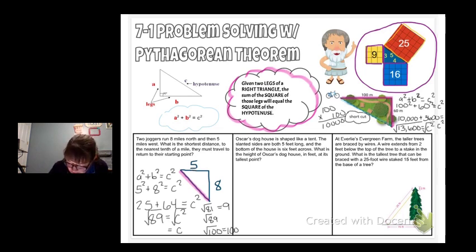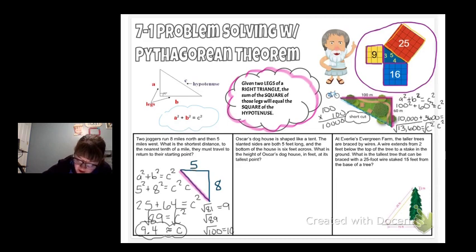So its square root should be a little closer to 9 than it is to 10. So we might say that c is about 9.4 miles. And so we just use the Pythagorean theorem, square the two legs, add those together, take the square root of that, and then you have the approximate length of the hypotenuse, or the side that we call c.